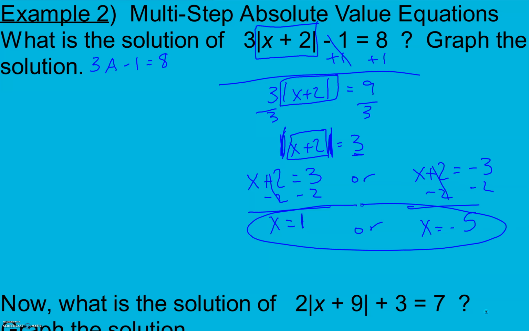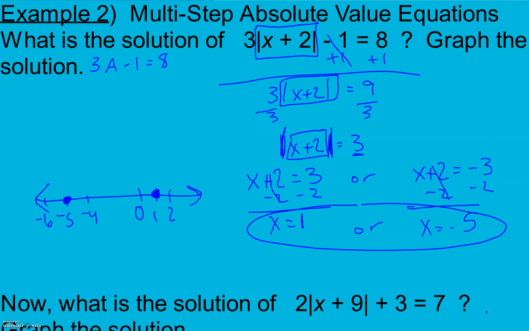And I get 1 or -5. As far as graphs go, at 1, I have a circle, and I'm going to fill it in because it's equal to. And at -5, I have a point, and I fill it in because it's equal to. And because it's equal and not less than or greater than, there's nothing else I can do on my graph.